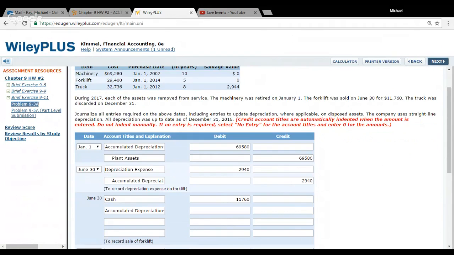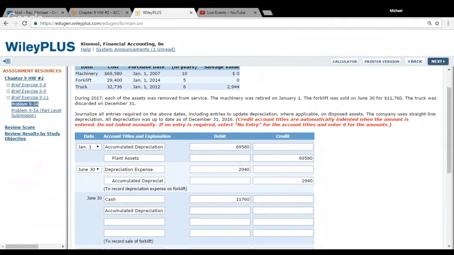Let me make sure I'm doing this right. 29,400 divided by 5 gives us 5,880. Perfect.